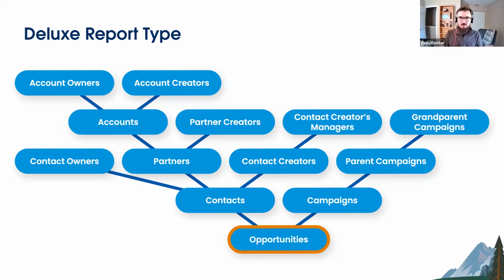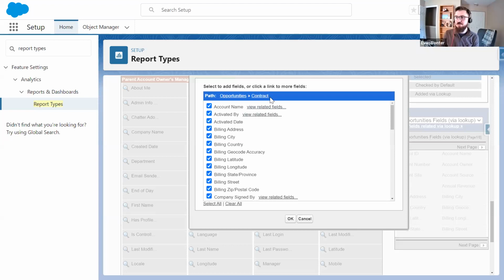You are starting with an object and you are traversing its relationship fields to its parent. So again, you can go from a record to its parent, to its grandparent, to its great-grandparent, to its great-great-grandparent, working your way up.